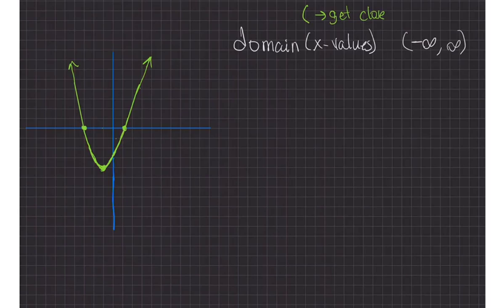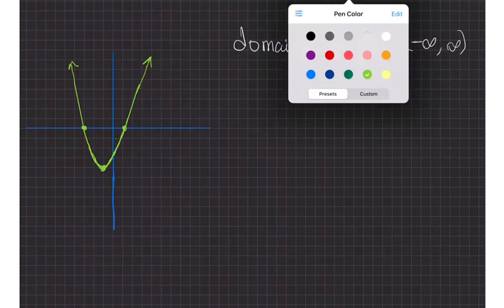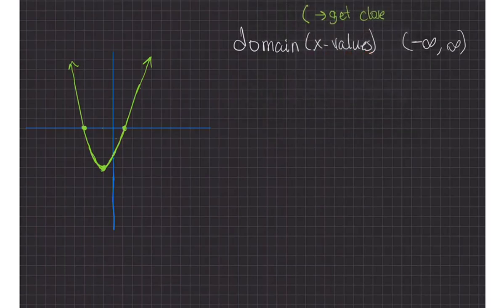So once we get to infinity, we can go a little bit more, and then we're at what we think is infinity until we go a little bit more. So we can keep getting closer and closer to infinity, but we're never going to reach infinity. If it's a number that we can equal, instead of doing the parentheses, we do a bracket. And a bracket means that it can equal.